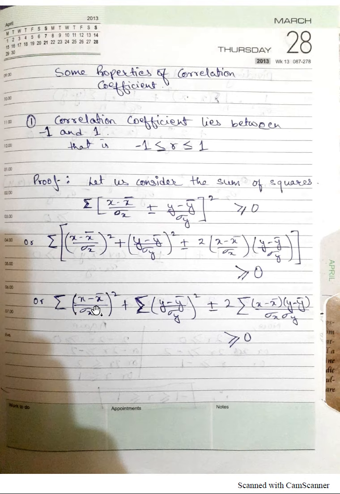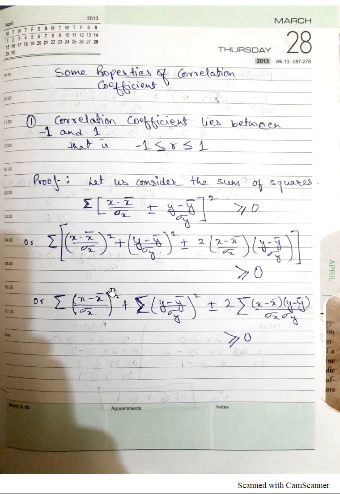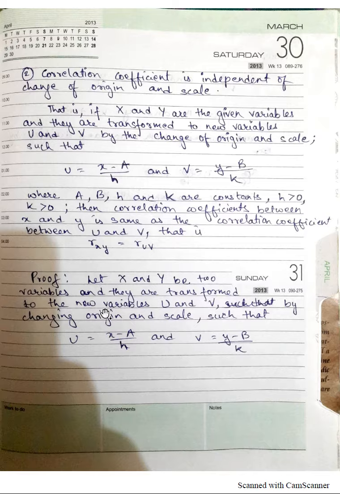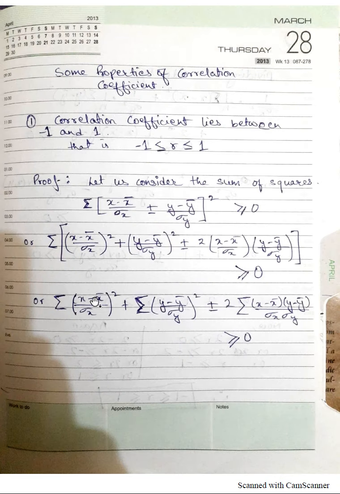So we take it out and, since we are also taking it out from the square, we can write it as 1 divided by sigma x square into 1 by n into summation of x minus x bar whole square, whatever remains from here.